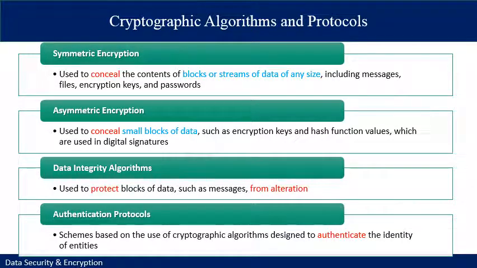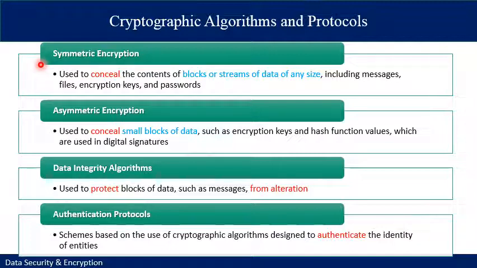So this book or this subject will focus on two broad areas. Number one is cryptographic algorithms, and number two is protocols for networks. So the broad applications can be divided into four subtypes. These are the main cryptographic algorithms and protocols.